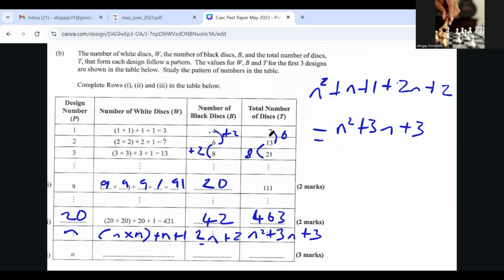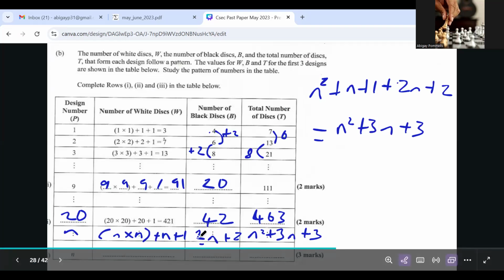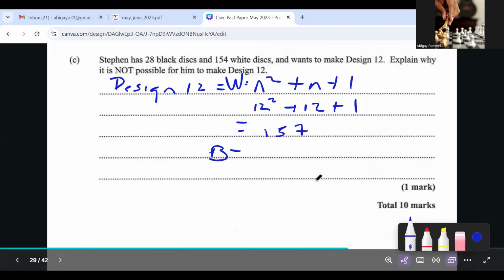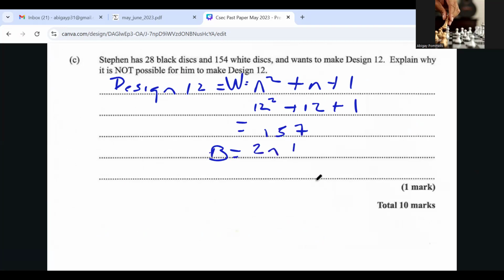And then now we're moving on to black. Black is 2n plus 2. 2 times 12 plus 2. 24 plus 2, 26.